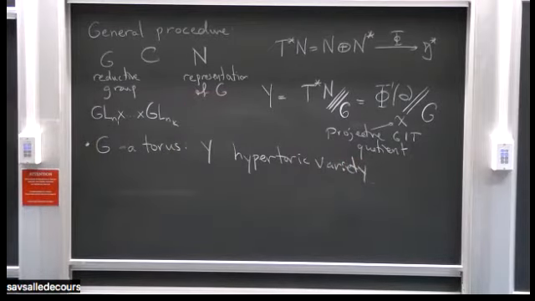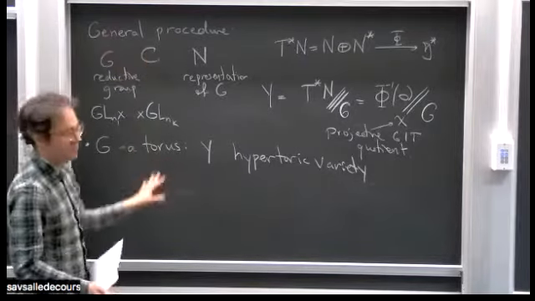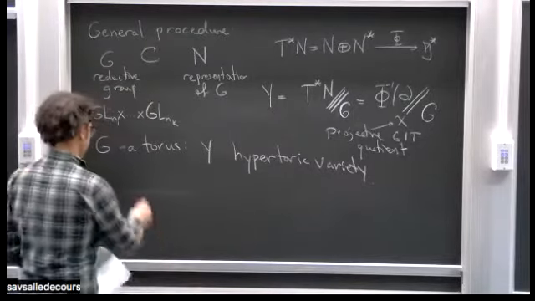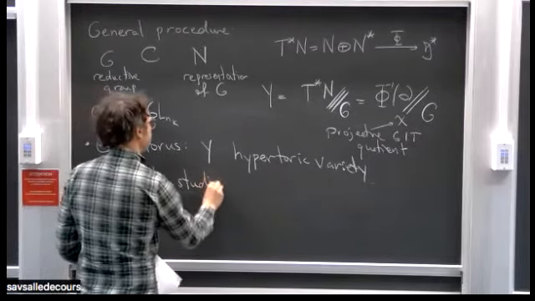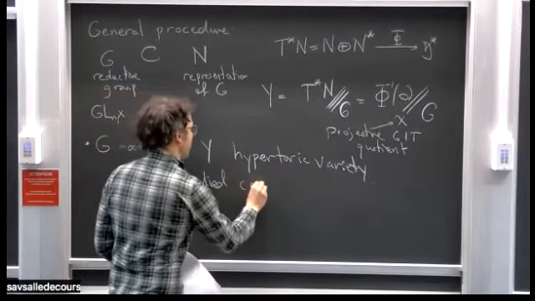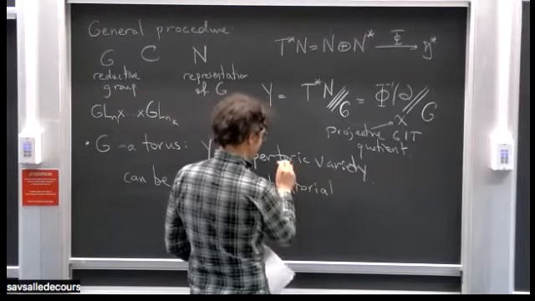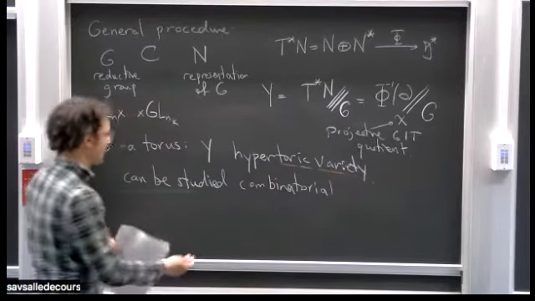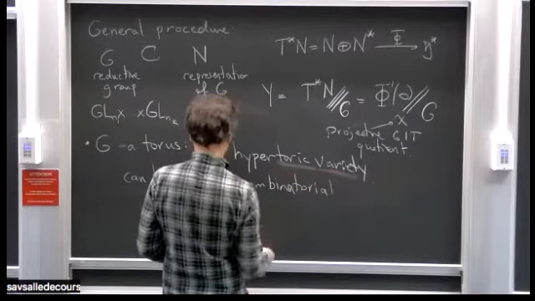These are very good to study because when you work with tori and representations of tori, everything is very simple and combinatorial, so these things can be studied combinatorially. They're closely related to toric varieties. In fact, they're sort of like a cotangent bundle of a toric variety, although not exactly.